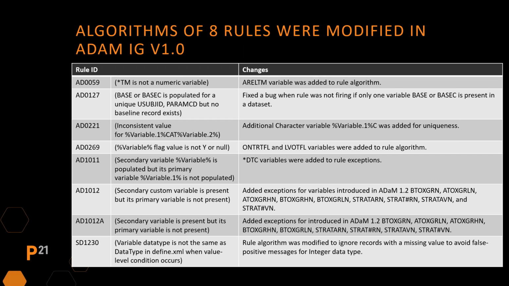We added exceptions to some variables that were introduced in ADaM IG version 1.2. SD1230 checks if the variable data type in a dataset matches the data type at the value level described in Define.xml. We modified it to ignore records with a missing value to avoid false positive messages for the integer data type.